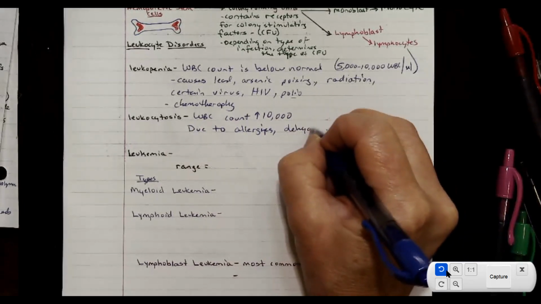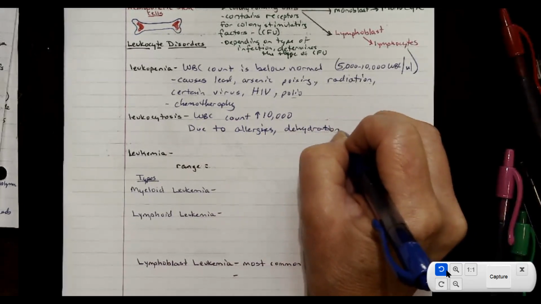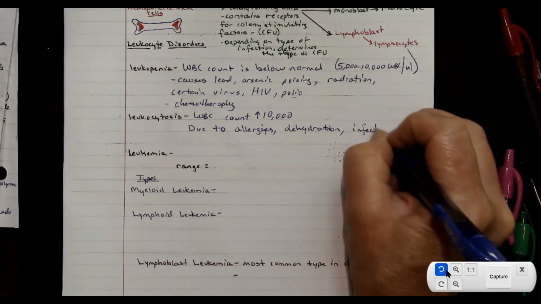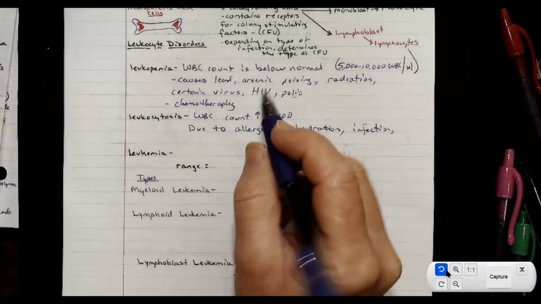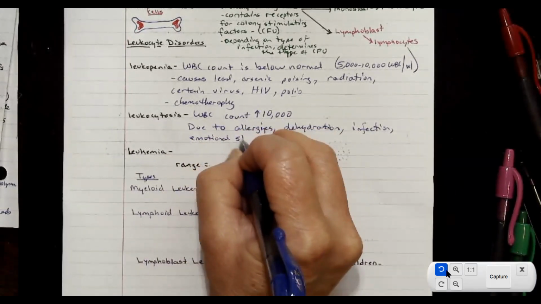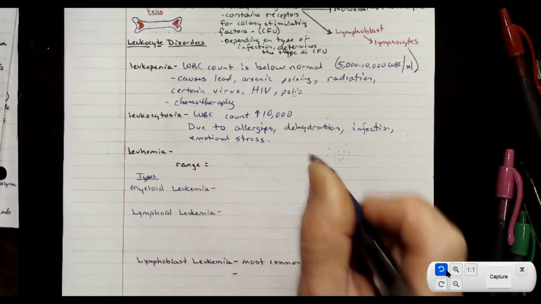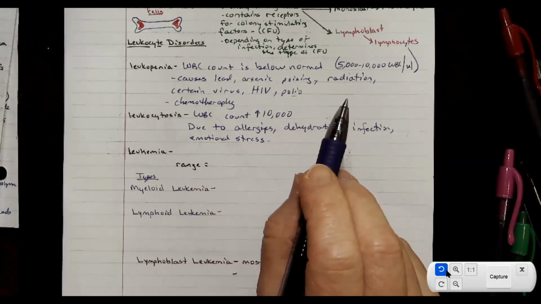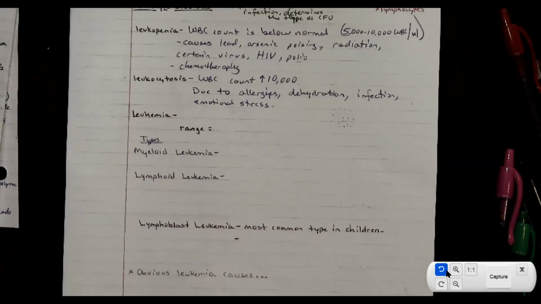Dehydration. Infections of any sort. Emotional stress. That can go both ways, because with stress, as we said, cortisol is released, which can suppress your white blood cell count too.